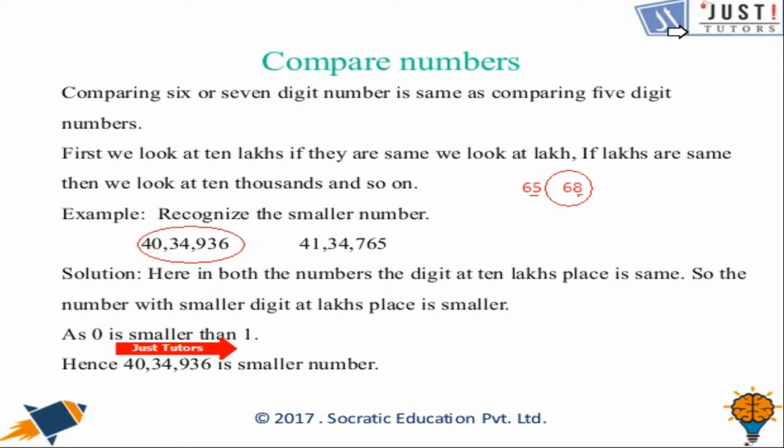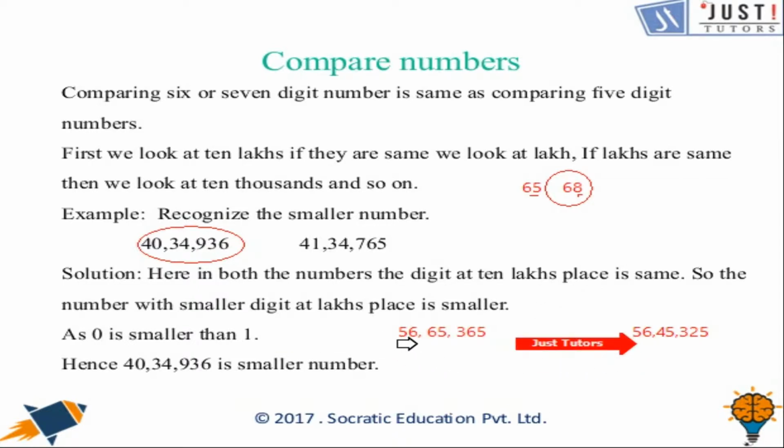Let's try one more example. We have two numbers here. First let's count the number of digits in the first number. So 1, 2, 3, 4, 5, 6, 7. It gives us a 7. And the next number is also a 7-digit number. So let's start comparing them starting from the left. The first digit is 5 and here it is 5 as well.